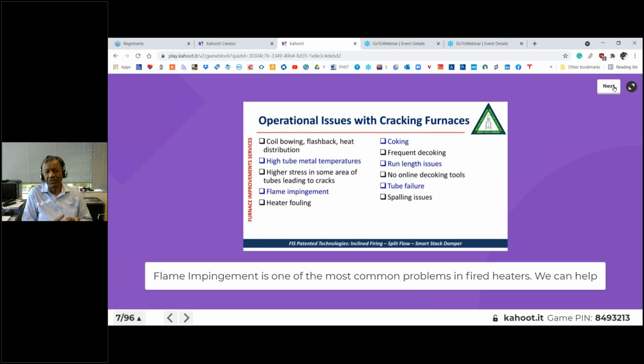So I want to talk a little bit about cracking furnaces or any fired heaters. They all have 2 sides. Cracking furnaces also have 2 sides. One is what is happening inside the tubes, the radiant tubes, and that is reaction kinetics, and that is a proprietary technology of 4 or 5 companies in the world.